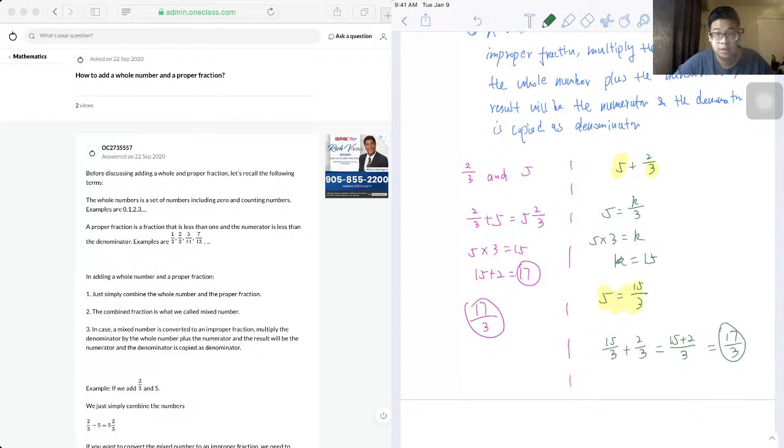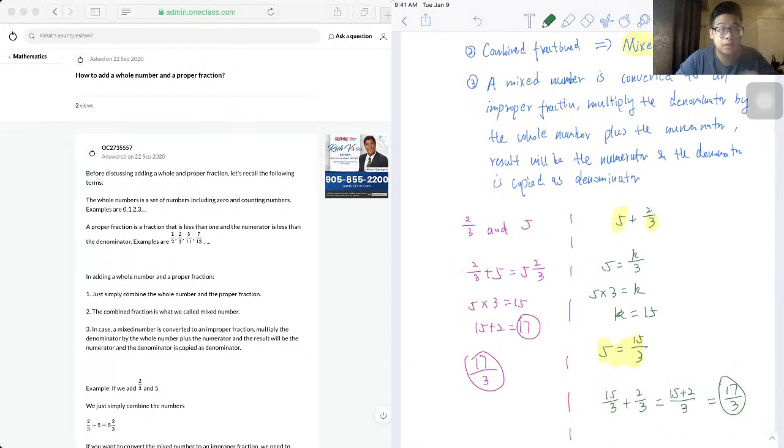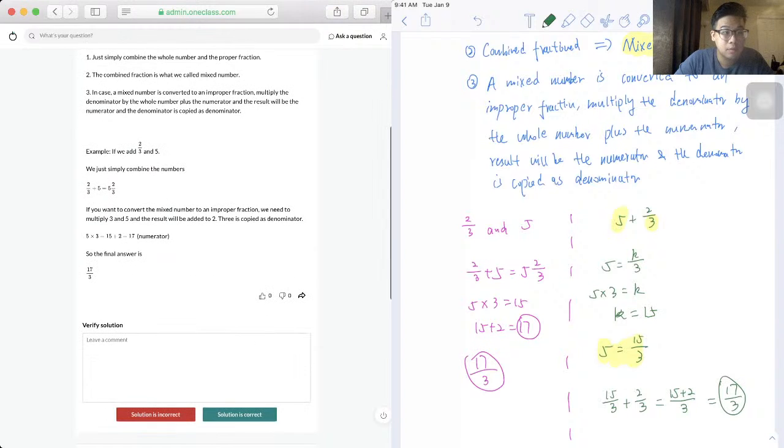So either way works. So let's leave a comment here. Great work. And that is correct. Good job.